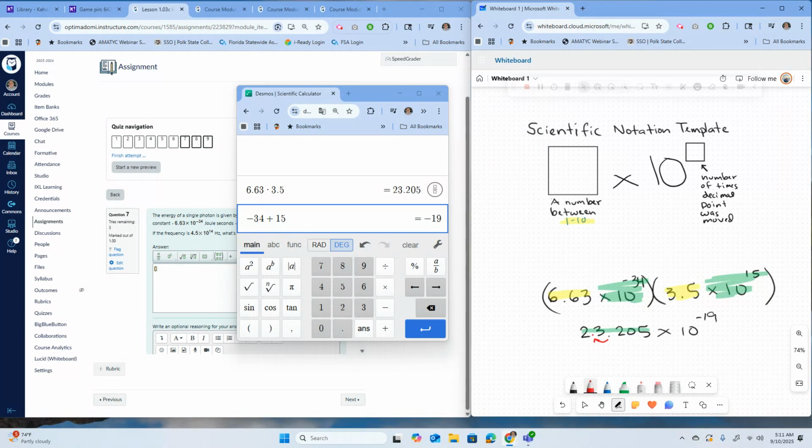And I'm going to put it here in between the 2 and the 3. So we're going to have 2.3205. Now, since I moved it 1 time to the left, you're going to add 1 to the exponent. So you're going to have times 10 to the negative 18th power. And that's how you work this problem.